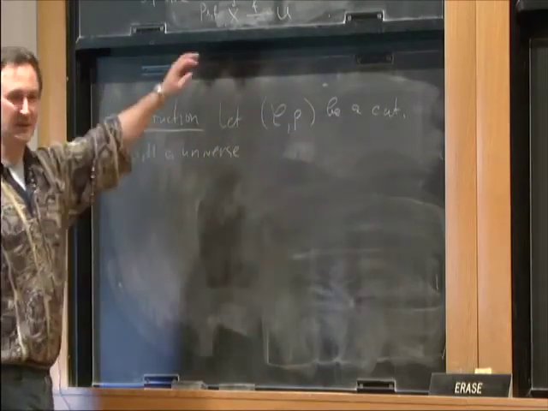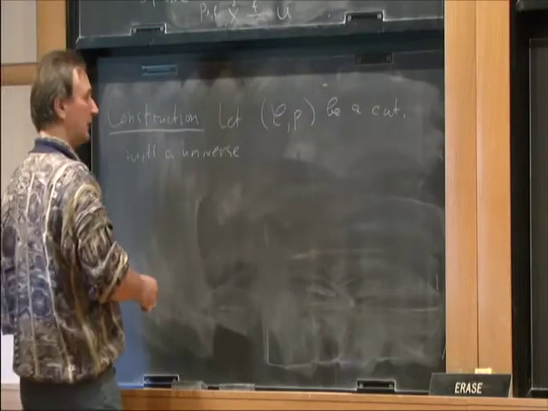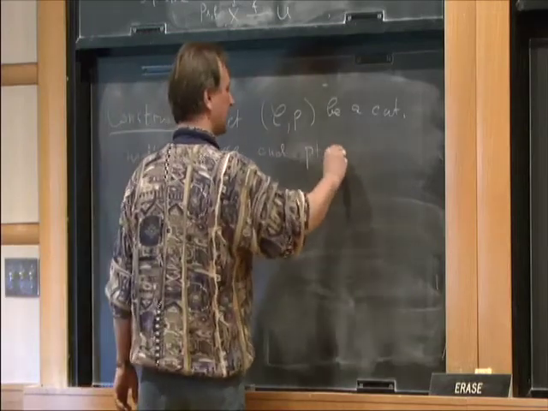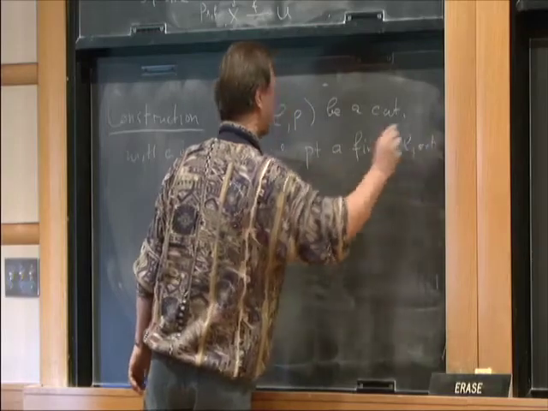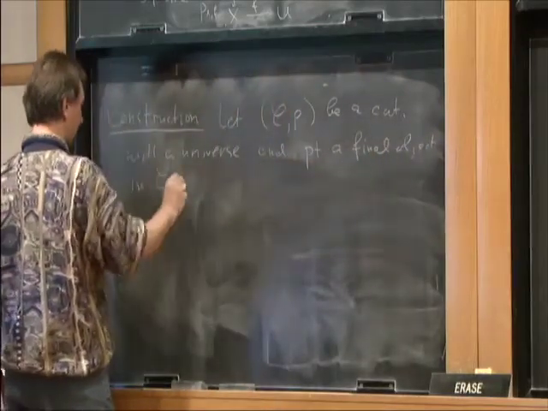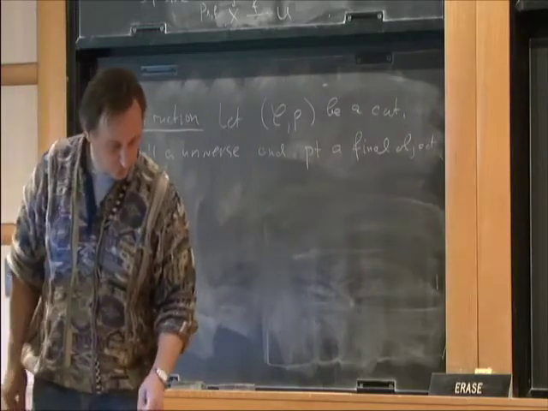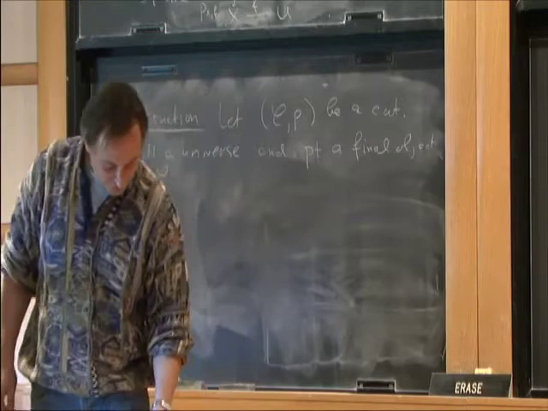They're implicit in the notation, and it will be clear why they're implicit later. Let C be a category with a universe, and pt a final or terminal object in C. So when I'm declaring it, I'm obviously assuming that it exists.